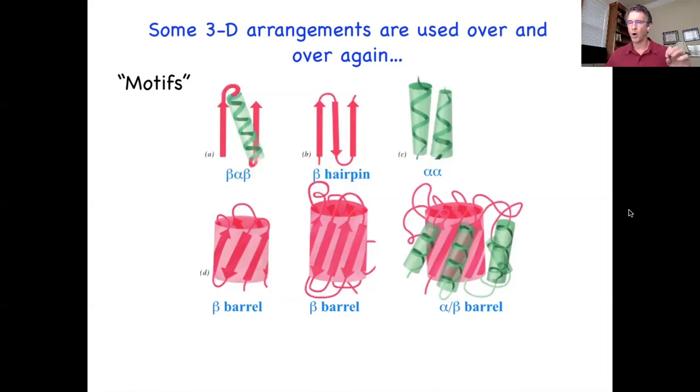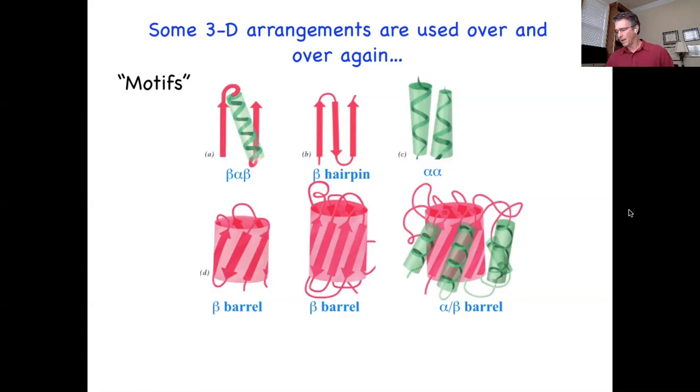But that doesn't mean that all sequences are allowed in any given fold type. Even though the sequence space that allows these different types is huge, it's also not infinite. There are lots of sequences that are incompatible with these particular three-dimensional arrangements and wouldn't be allowed.